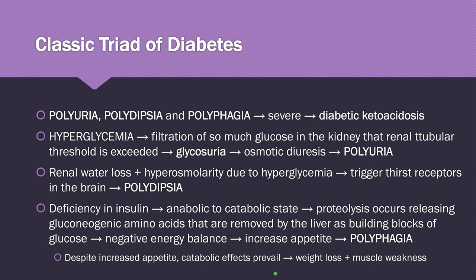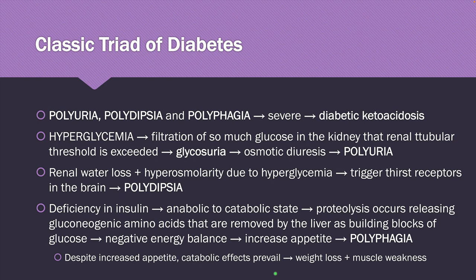Now, once you have renal water loss plus hyperosmolarity due to hyperglycemia, it will trigger your thirst receptors in the brain, causing polydipsia. That's why diabetics drink a lot of water. And then, once there's deficiency in insulin, there's a change of state from anabolic to catabolic, and proteolysis occurs, releasing gluconeogenic amino acids from the liver as building blocks of glucose.